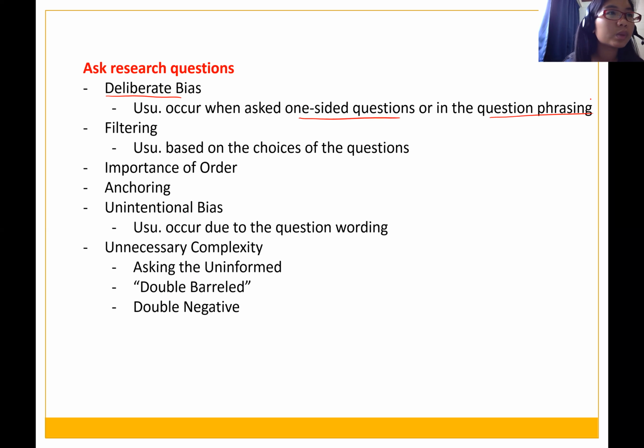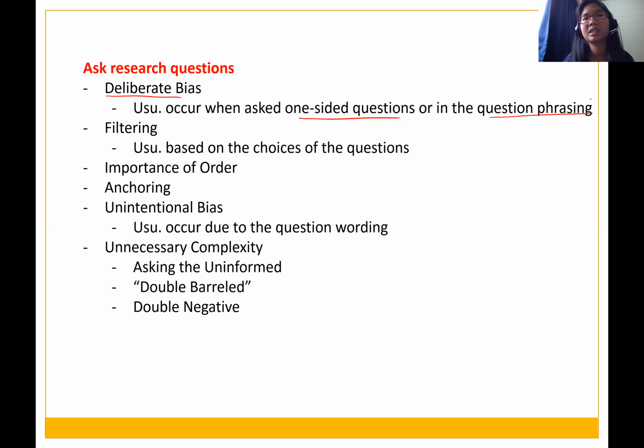The other one is filtering. Filtering is when you give them just limited choices of answers. Say they ask what's your opinion of the current president? I'll take the example from the notes: they give you answer choices A favorable, B unfavorable, or C undecided.